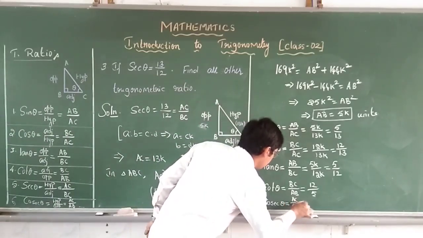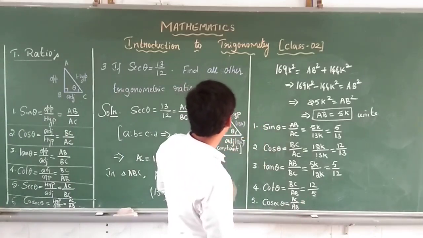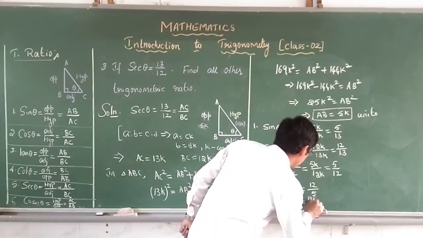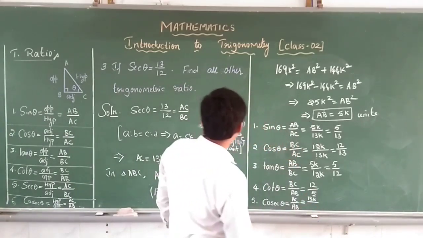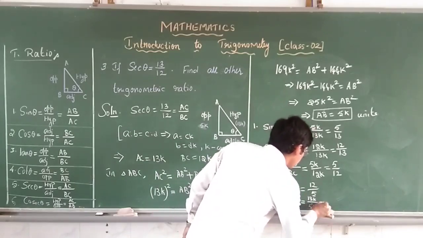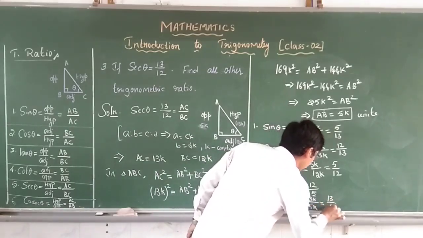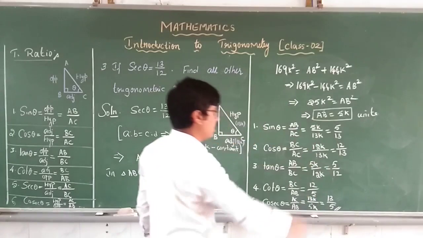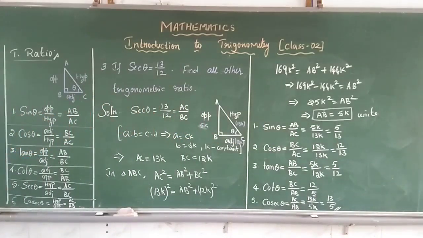AC is 13k, AB is 5k. So this is equal to 13 divided by 5. So these are the other five ratios for the given right angle triangle. Write down the solution.